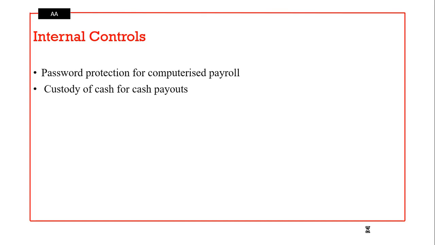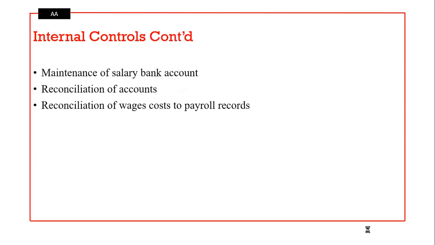Custody of cash for cash payments must also be prioritized. Let us remember that custody of cash for cash payments. That means that cash must be kept safe, away from the reach of third parties, and so on and so forth. What else do you have?